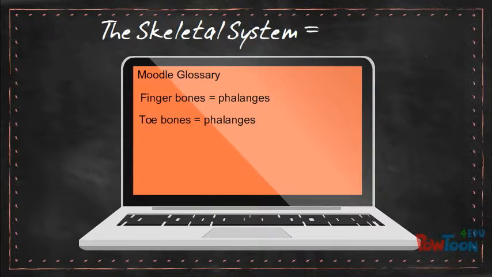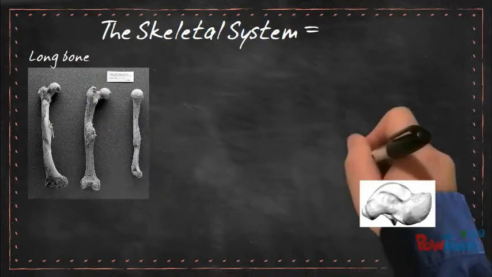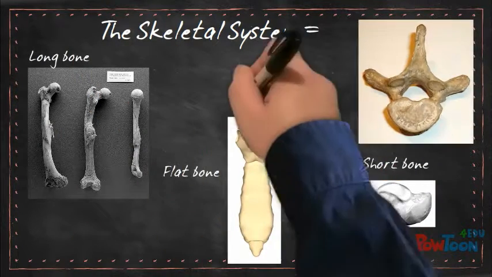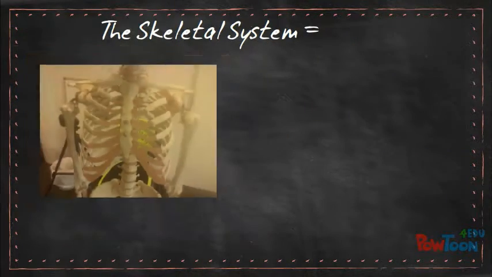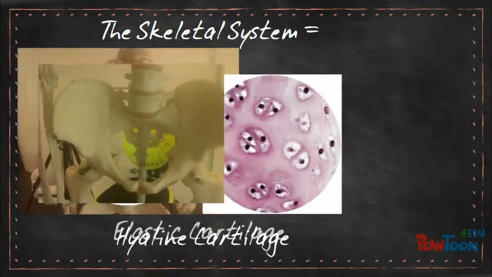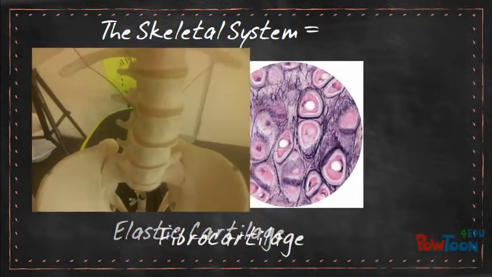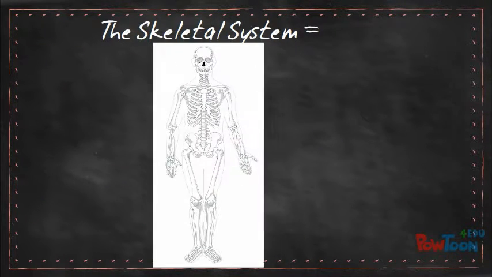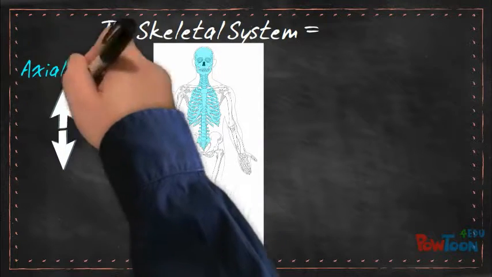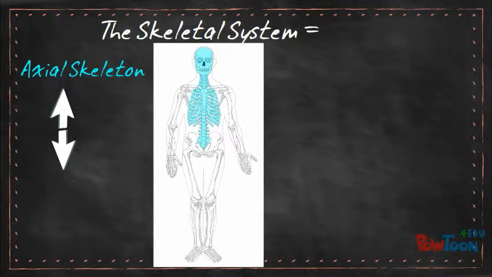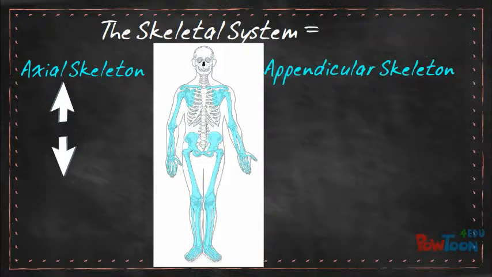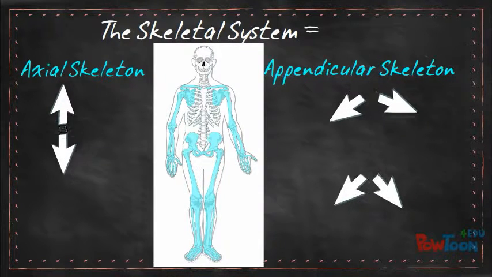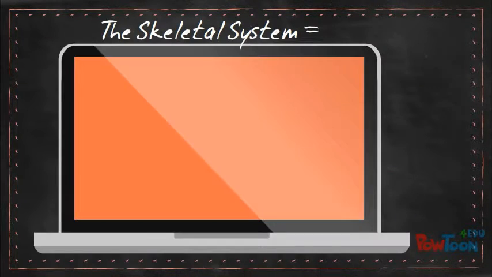There are four kinds of bones: long, short, flat, and irregular, and three types of cartilage: hyaline cartilage, elastic cartilage, and fibrocartilage, which make up the skeletal system. The skeletal system is also divided up into the axial skeleton, or the bones of the longitudinal axis, and the appendicular skeleton, or all those other bones which are appended to the axial skeleton.